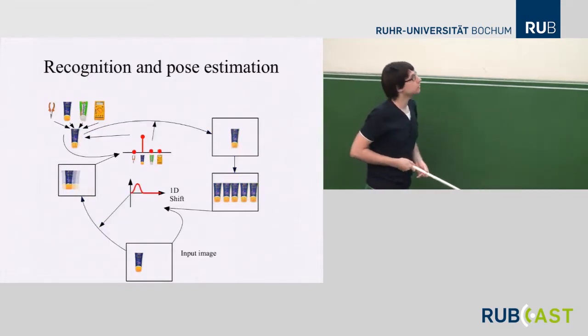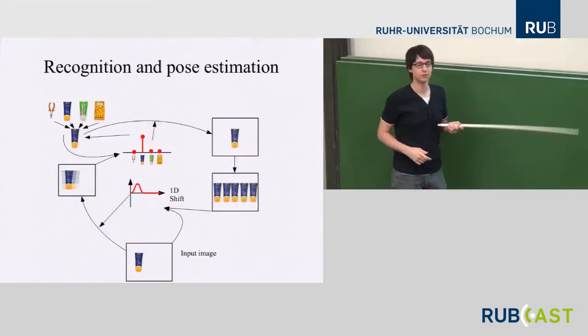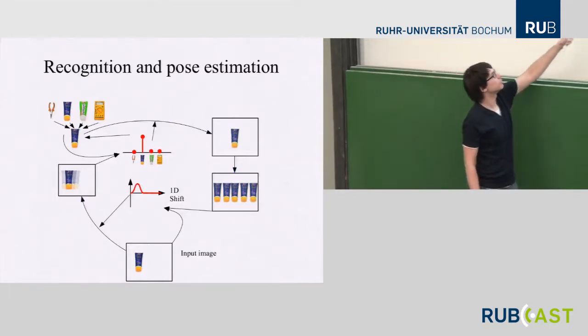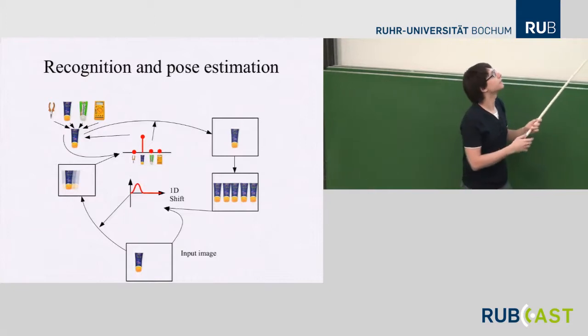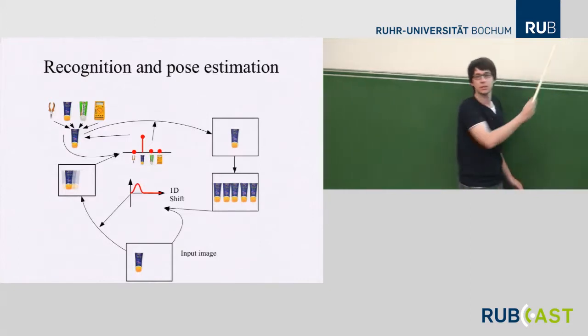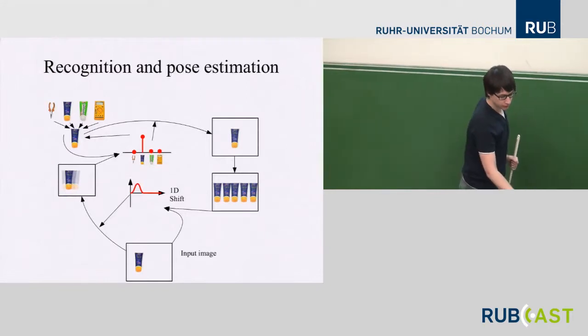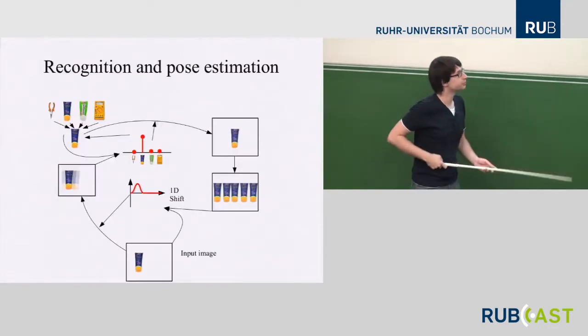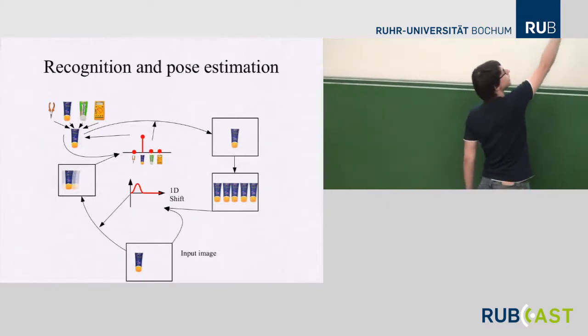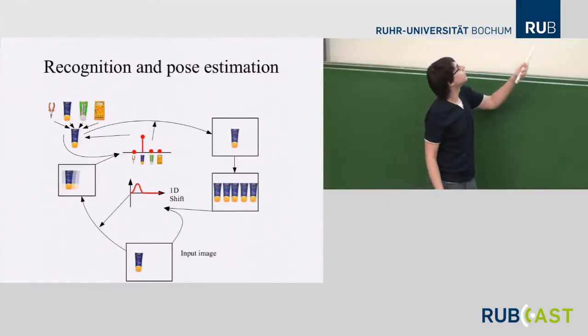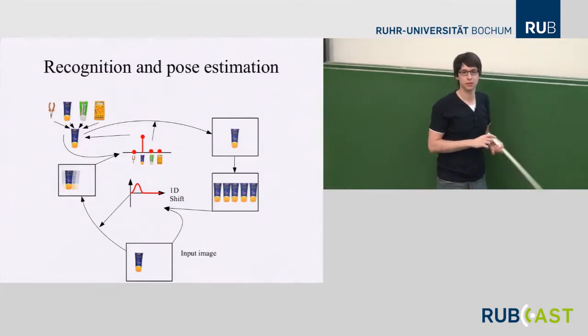If we keep doing that, at some point this will, at least hopefully, converge to the correct version. Meaning that we will have only one pose active, one shift active here, and only one label that remains active. So we've recognized what the object is. And that means we can perfectly estimate its shift under ideal conditions again, and we can also perfectly match it towards the objects.